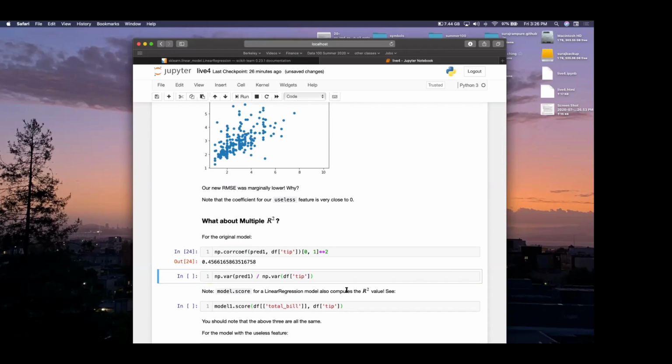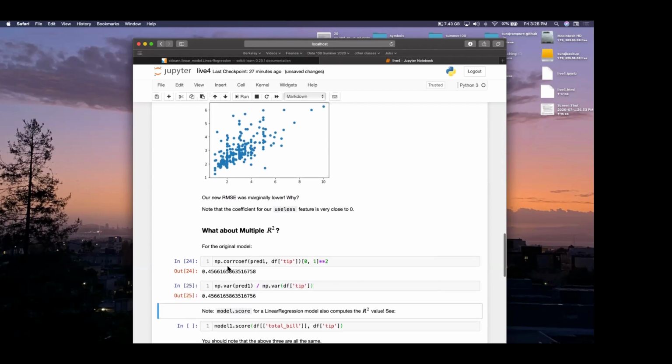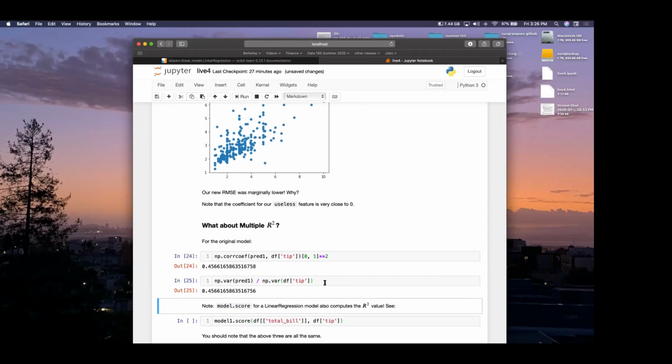Another equivalent formulation for models that have an intercept term is the ratio of the variance of our predicted y's to the variance of our true y's. On the numerator, we have the variance of predicted y's, and in the denominator, the variance of true y's. These are equivalent, but the second definition tells us we can interpret multiple R squared as the proportion of variance in our true y's that our predicted y's were able to capture.